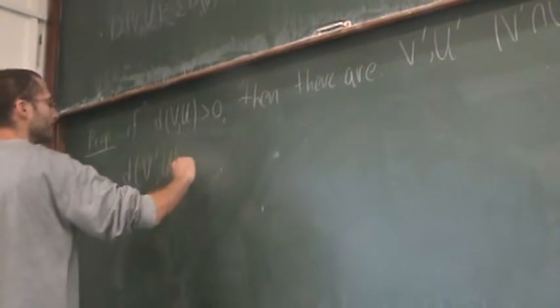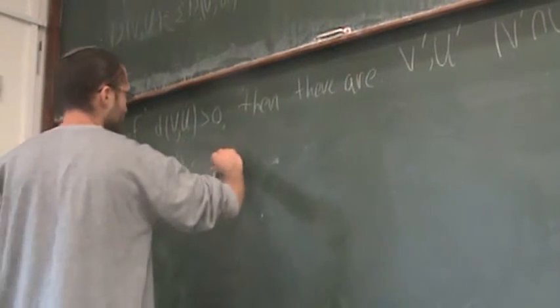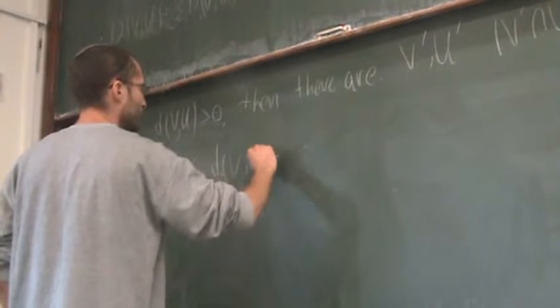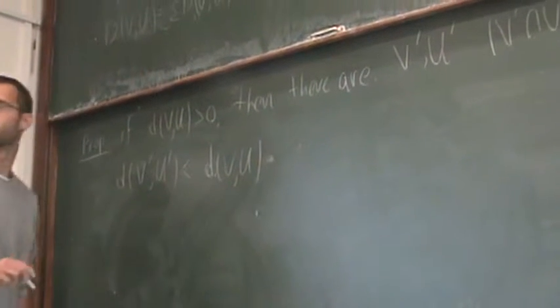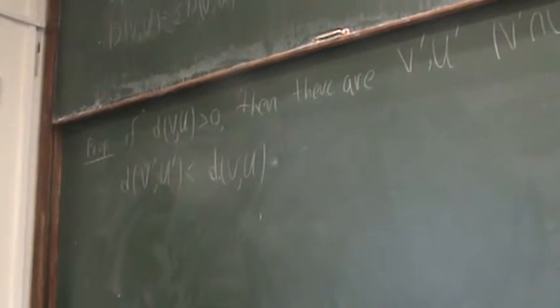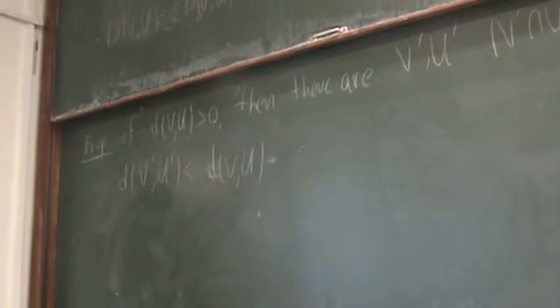And the distance becomes small. V prime and U prime are two chambers.